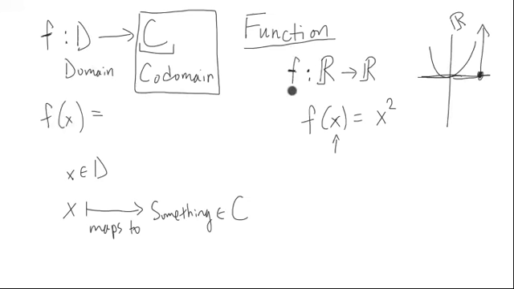If, however, I take a function like g that goes from R to R, so this is the domain and that's the codomain, and I define it as the square root of x, this is no longer well-defined.